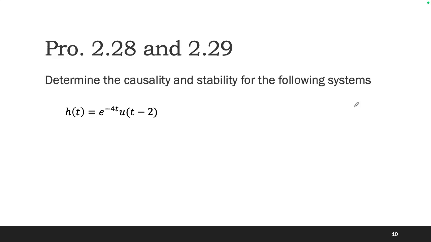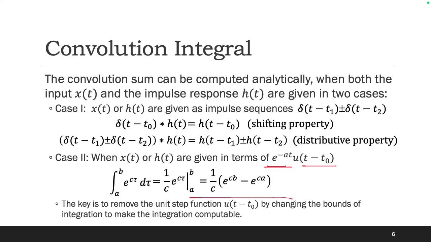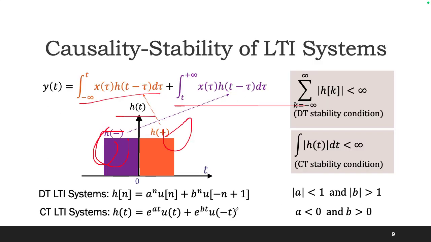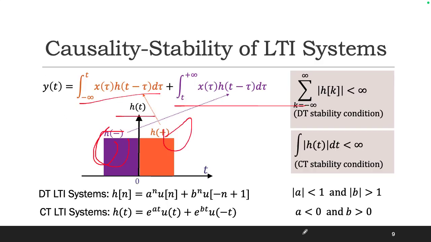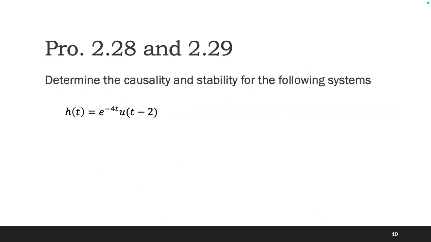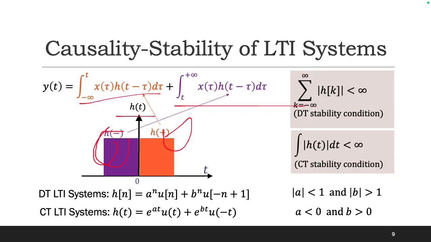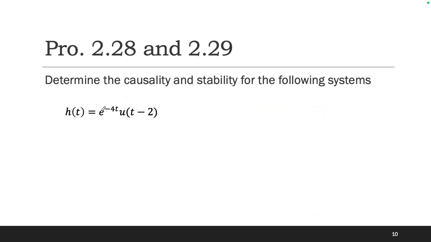Just check this one. We have e to the negative. If A is smaller than 0, it will be stable. And what is A here? That's right. Yes, it's causal and stable.